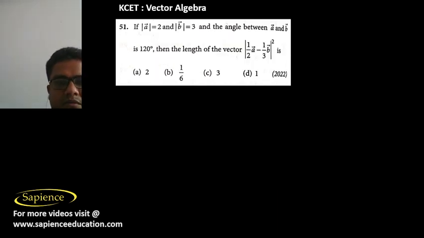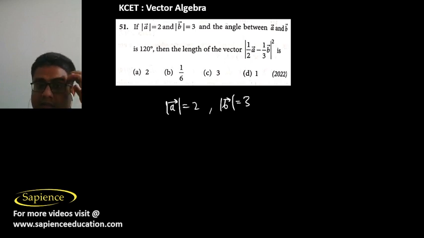Then in question number 51, it is told if mod A is 2, mod B is equal to 3, and the angle in between A and B is 120 degrees, find the length of the vector.